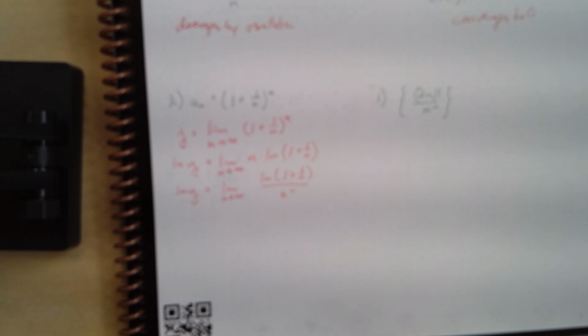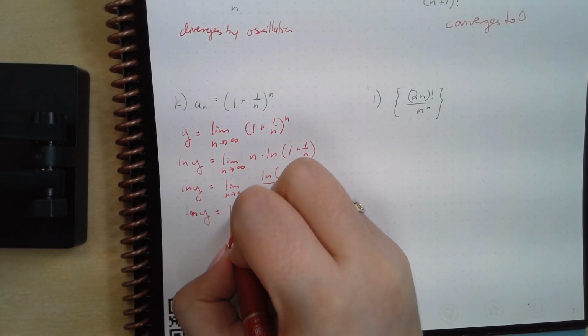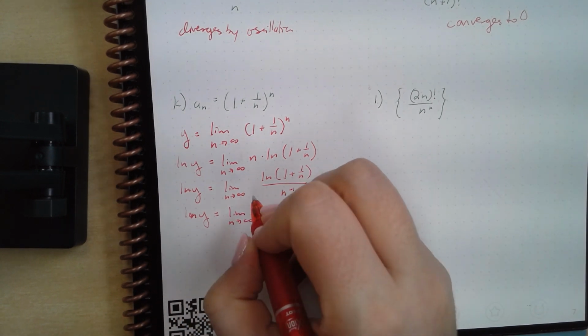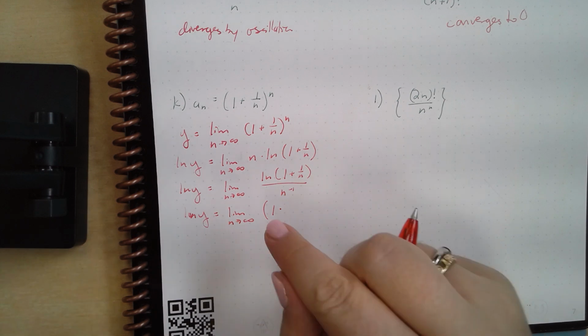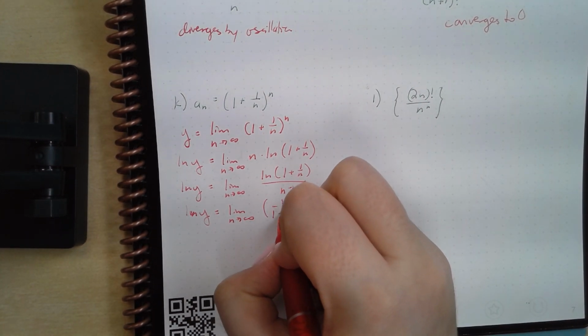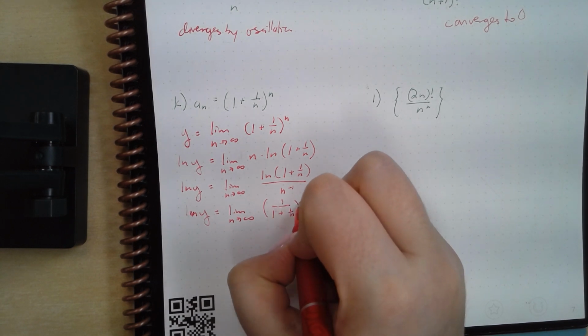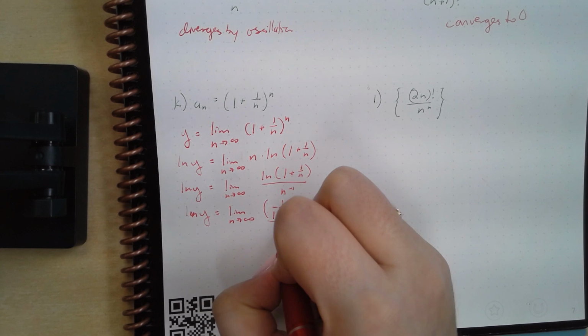Now you would take L'Hopital's rule, so you would get ln of y is equal to the limit as n approaches infinity of 1 over 1 plus 1 over n times negative n to the negative 2.